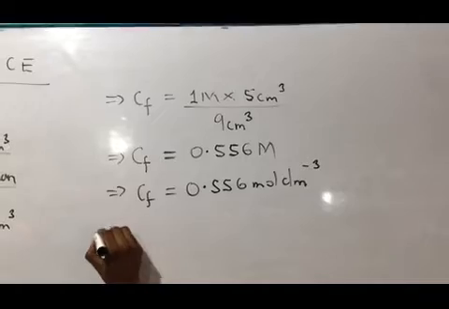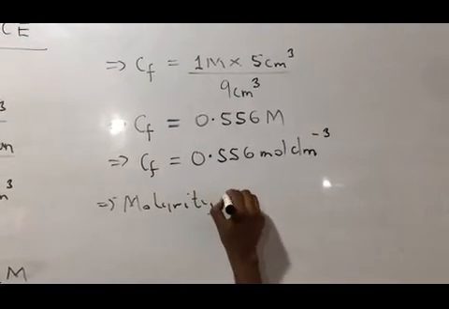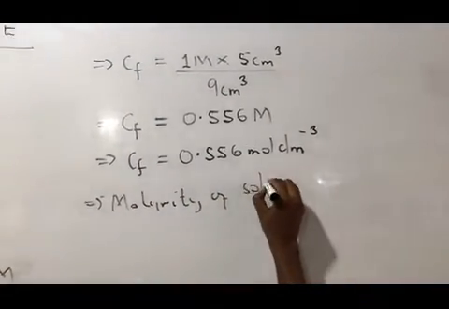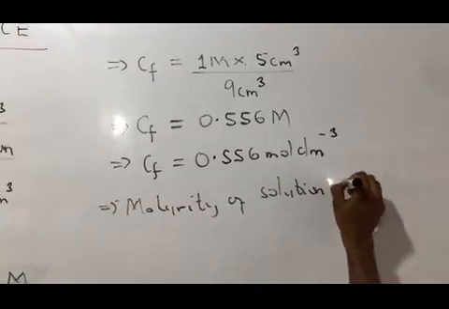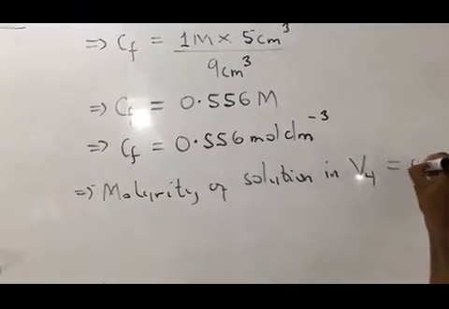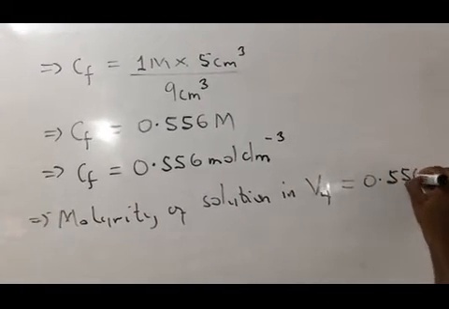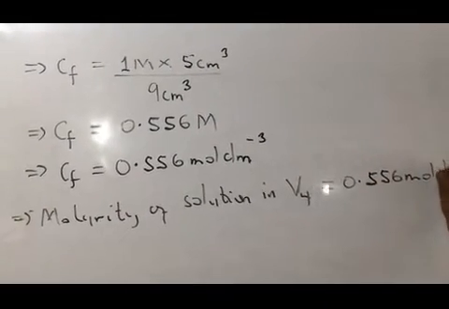So it means the molarity of the solution in V4 is equal to 0.556 mole per dm³.